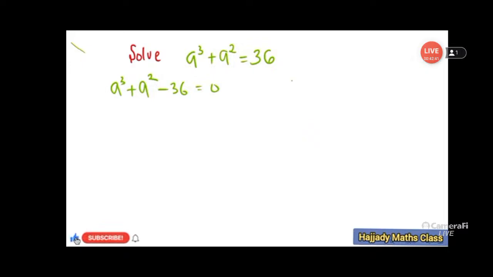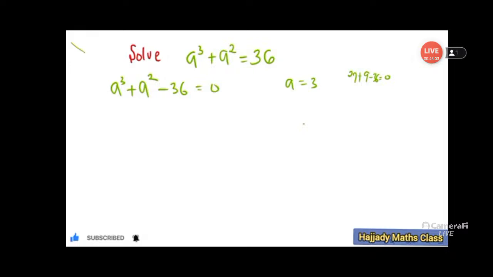So when a is 3, we can get that a is one of the roots of the equation. That is, a raised to power 3 is 27, plus a raised to power 2, which is 9, minus 36. This is going to give us 0. This shows that a is one of the roots of the equation. But here we need to get the other two roots.